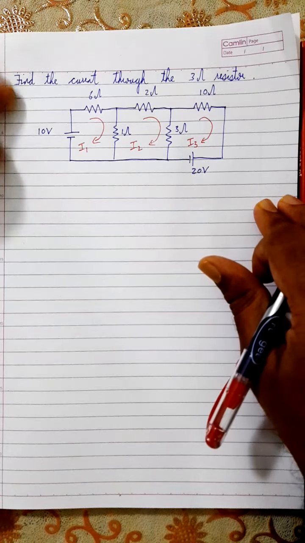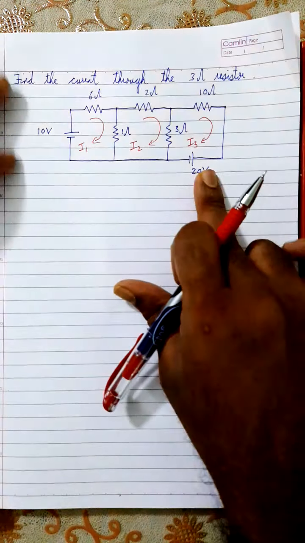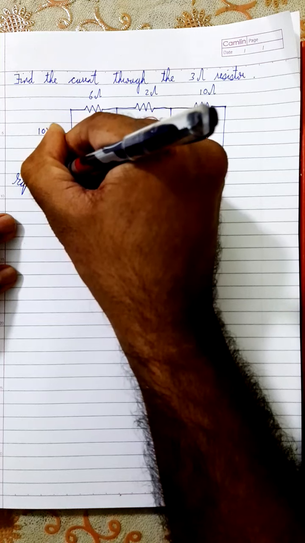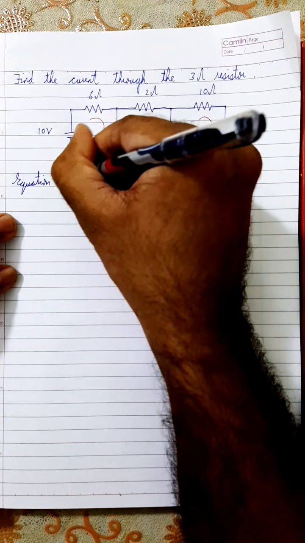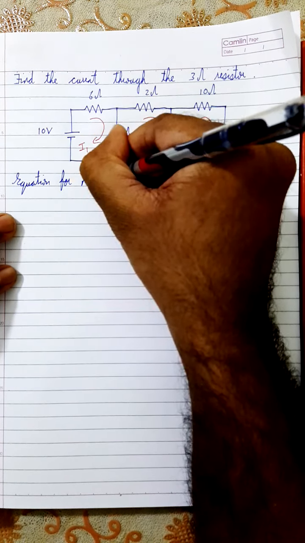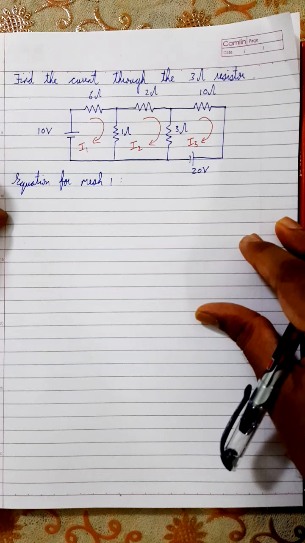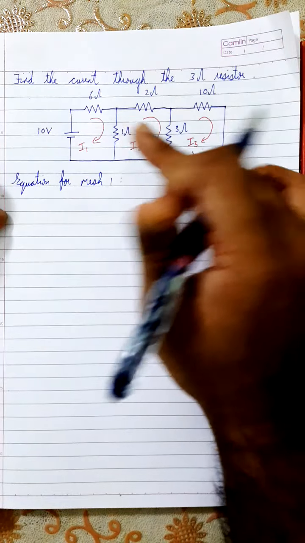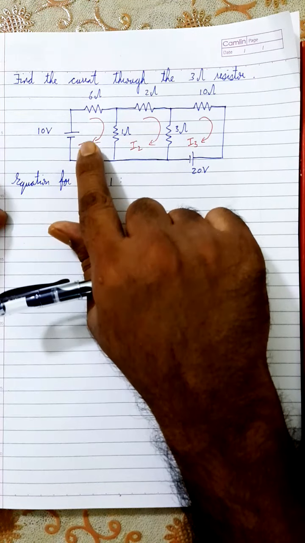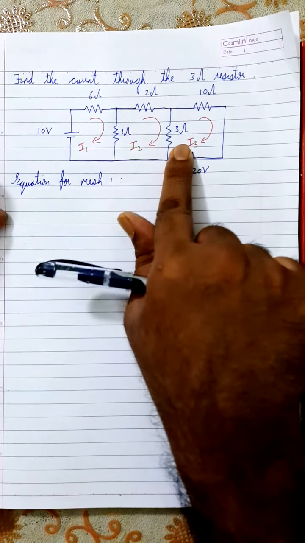Okay, so let me write the equation. First I'll start this problem by writing the equation of mesh 1. Here in mesh 1, you see I have marked each and every current in the same direction, clockwise.